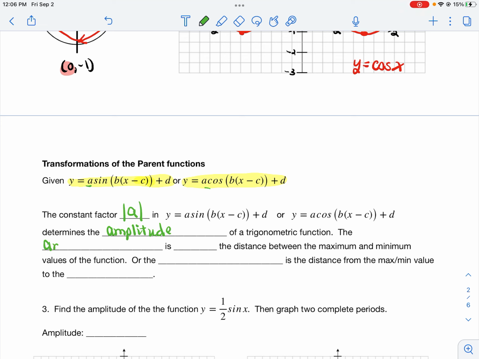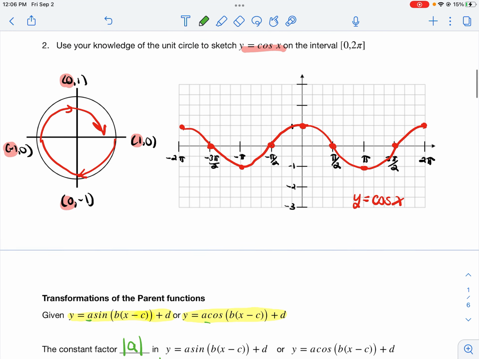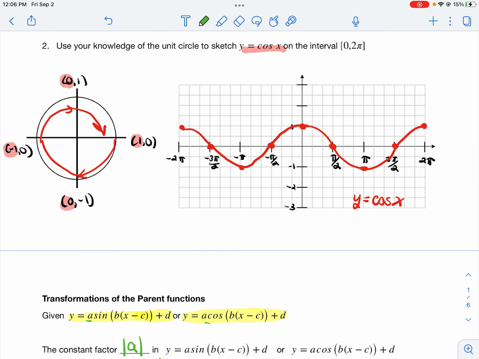Now, what is amplitude? Well, the amplitude is half the distance between your maximum and minimum values on your function. So, for example, here is a maximum on my cosine graph, and my minimum is down here, so it would be at this distance. So here I have a distance of 2. If I take half of 2, that gives me 1.